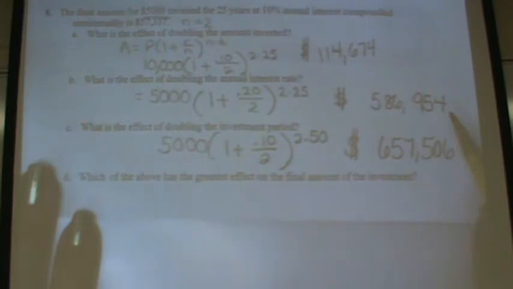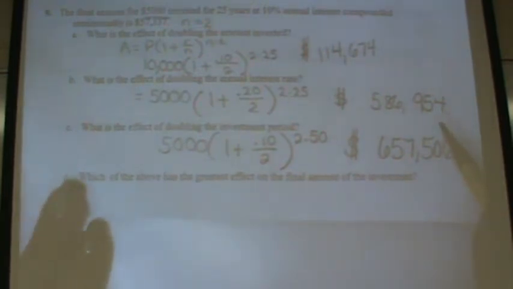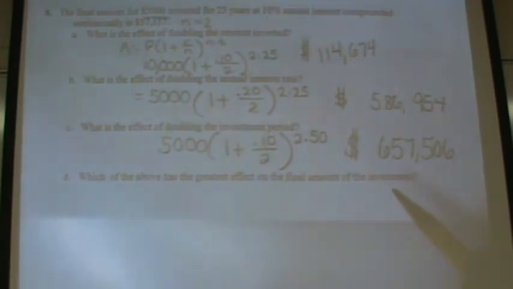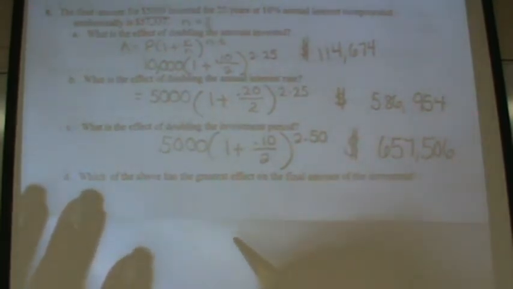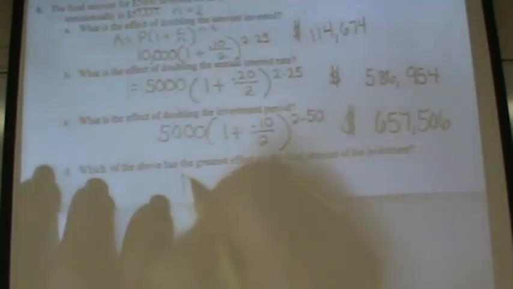C. This is the largest amount. So by changing the number of years, by changing the exponent, that's what's going to yield your largest amount. By doubling the investment period, that's going to give you the most.